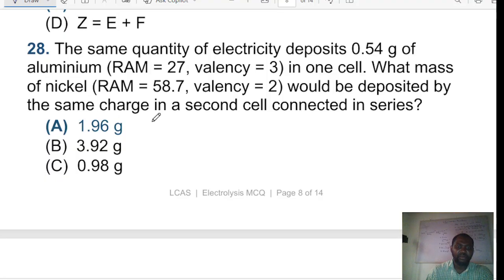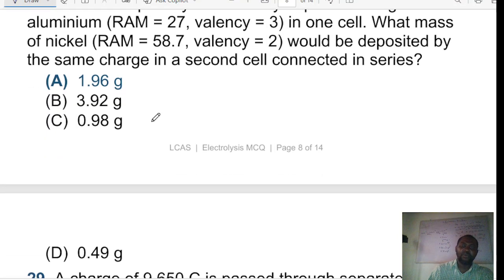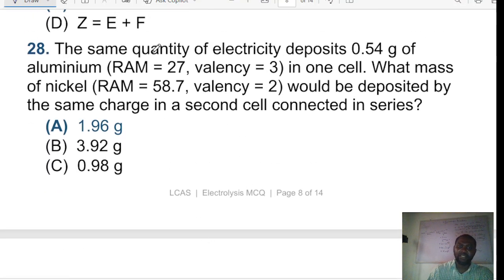Now the next question, number 28, says the same quantity of electricity deposits. Please notice the same quantity. Once you see the same quantity of electricity flowing through different electrolytes, then what I'm about to do should come to your mind.